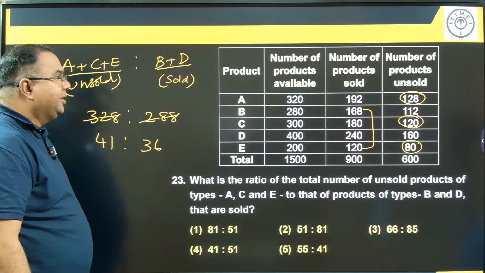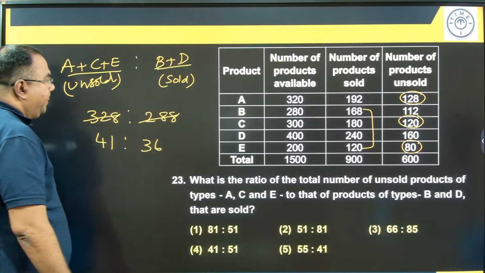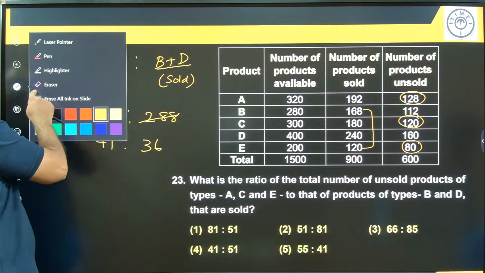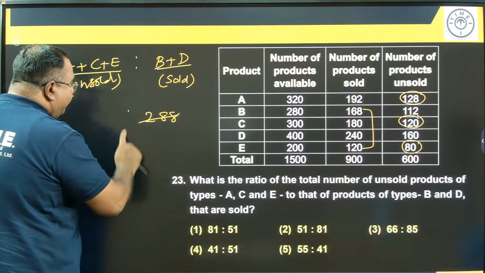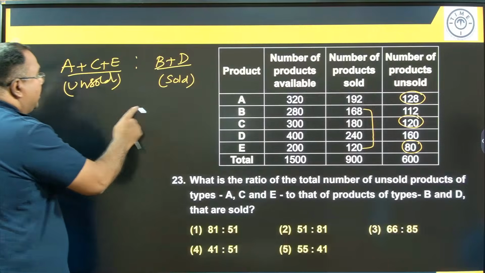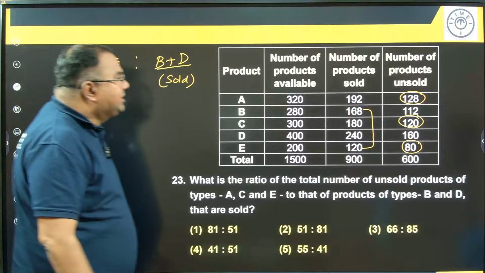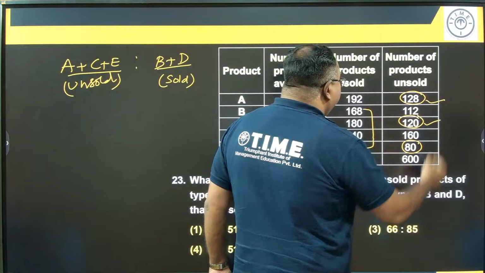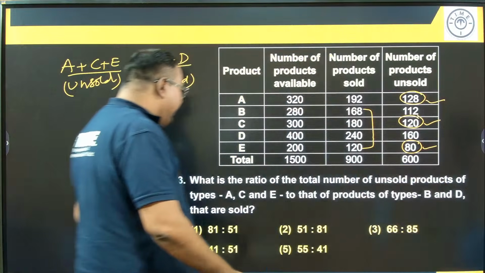I made a mistake somewhere. Some calculation mistake. Just check what the values are. ACE unsold products: 128, C is 120, so 248, and E is 80, so 328.